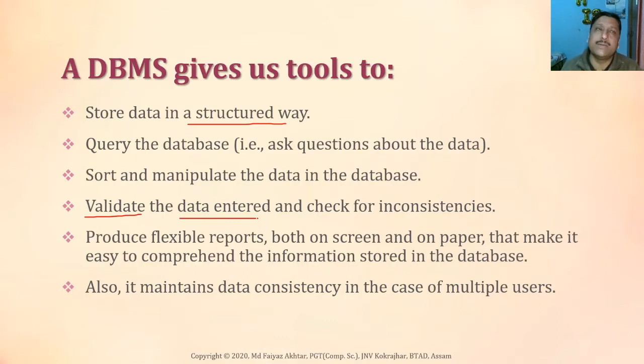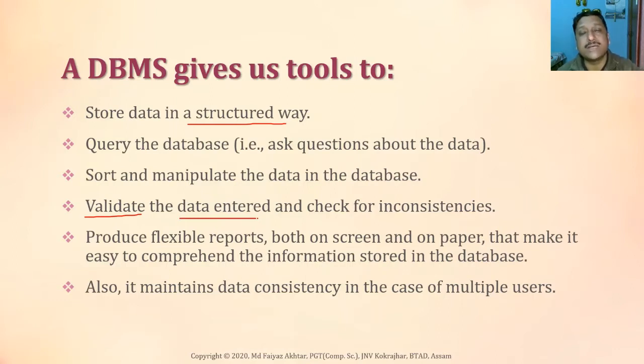Say for example, if we store a date like 30th February, then this is invalid data. 30th February never comes. So before storing a date, it checks whether it is valid data or not, and only then it stores it. If it is validated, if it is correct data, then only it is stored in the database. These are checks while entering the data.